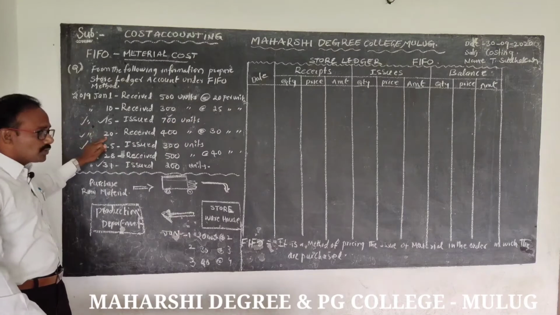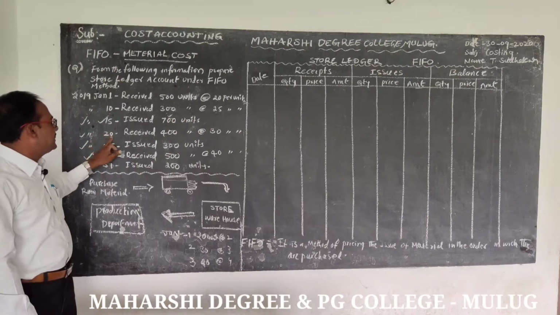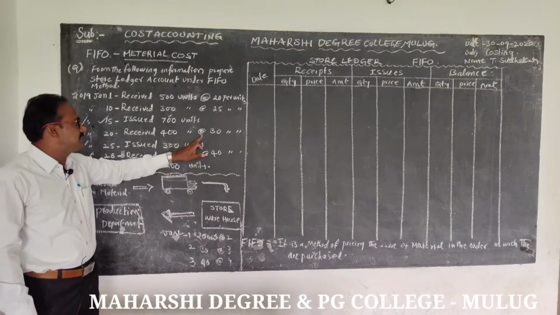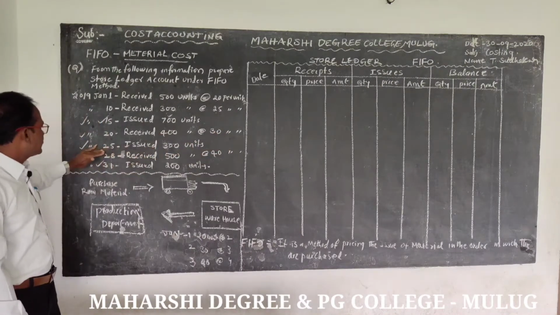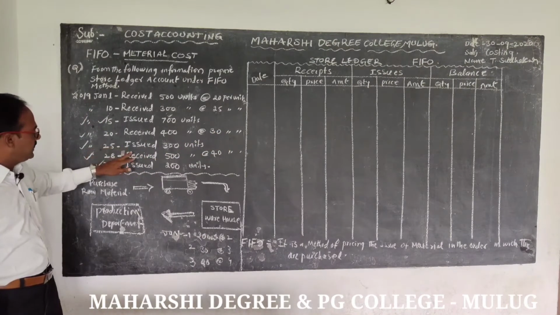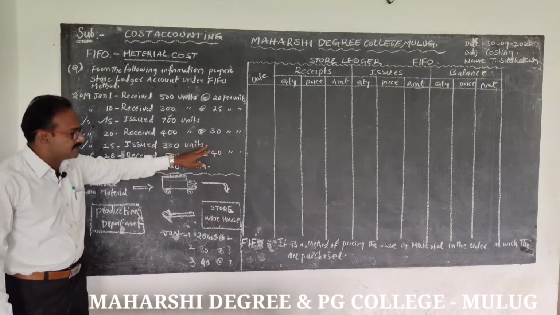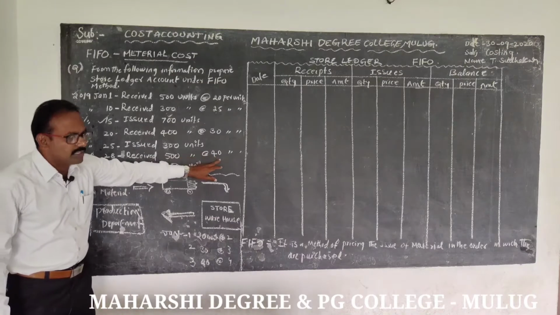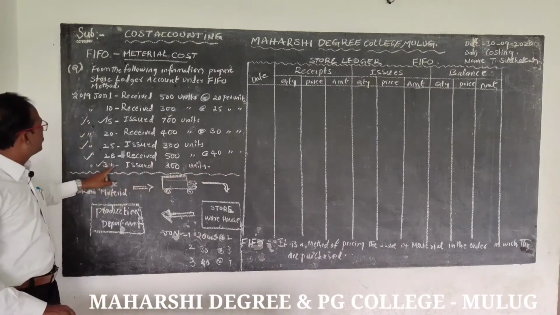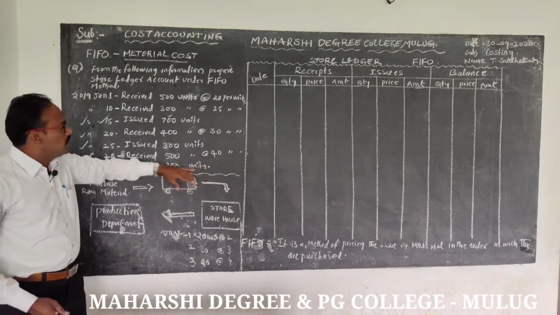The fourth transaction, on the 20th, received 400 units at the rate of 30 rupees. The fifth transaction, on the 25th, issued 300 units. Next, on the 28th, received 500 units at the rate of 40 rupees. Next, on the 31st, issued 200 units.